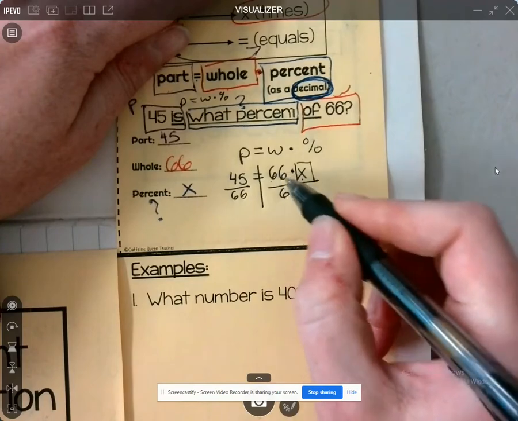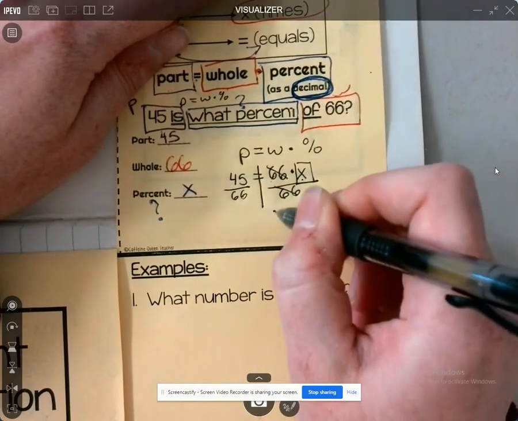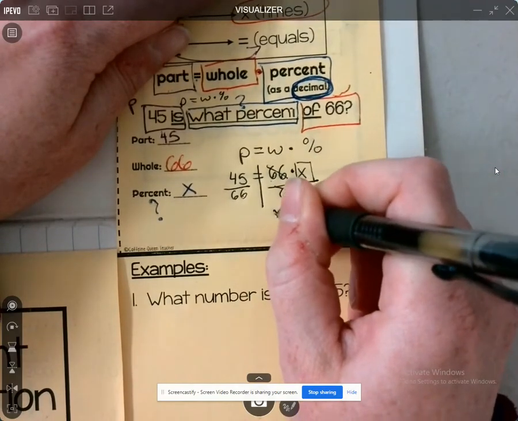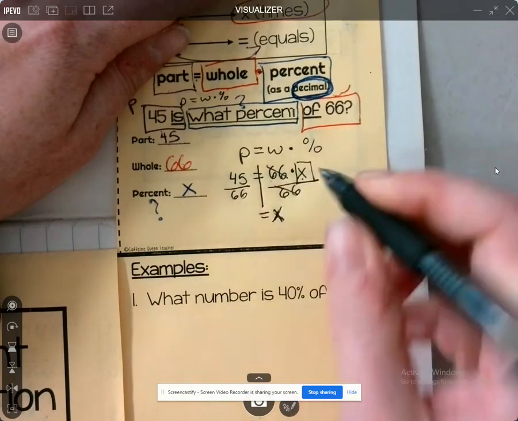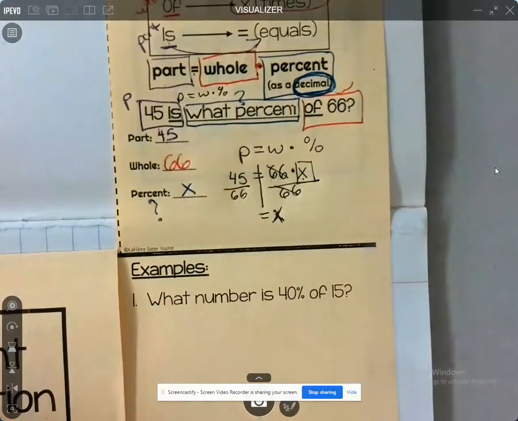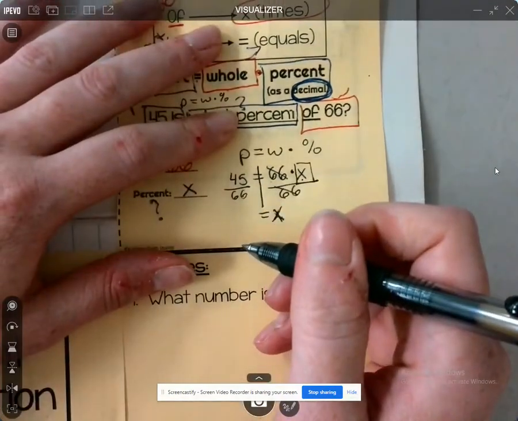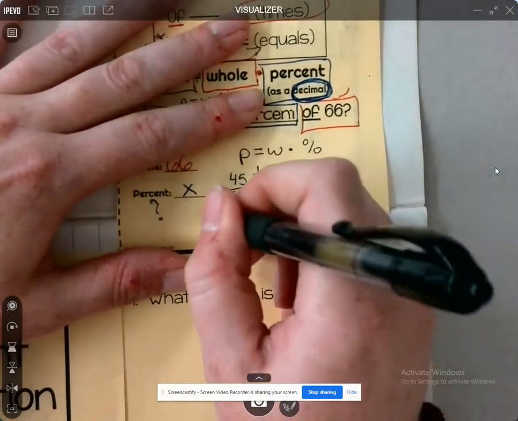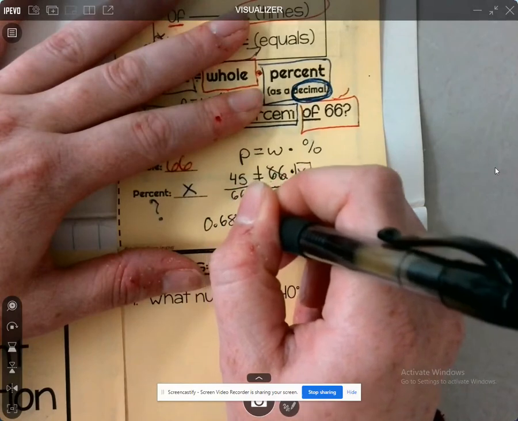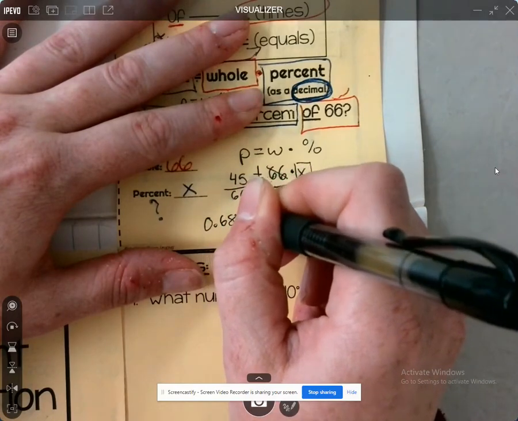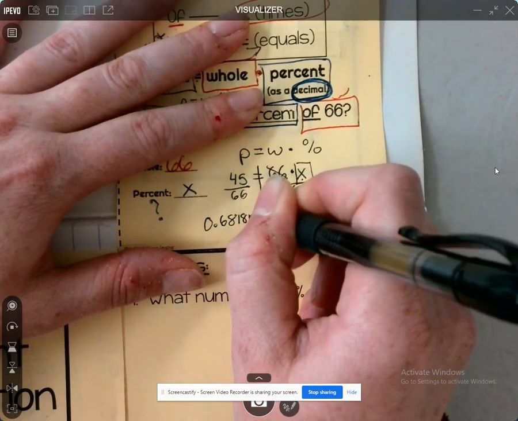Now, these 66s cancel out, leaving you with the x, just like they do in all the cross multiplications. And then 45 divided by 66 gives us a decimal of 0.681818 repeating.